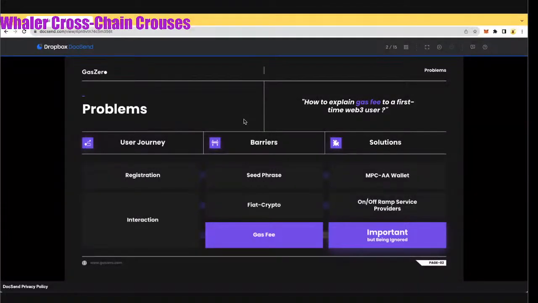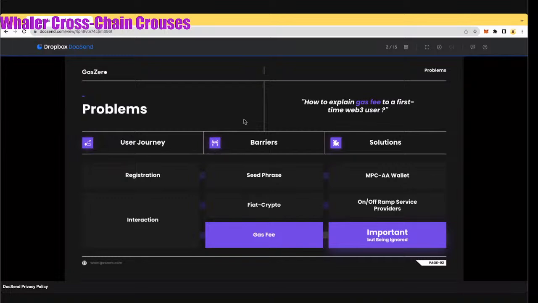So for those people who don't know, be careful with your seed phrase if you are using self-ownership, self-custody wallets. Solutions for this are custodial wallet solutions, MPC wallets, like multi-party computation wallets, and AA wallets, which help to store the seed phrase in a different way.